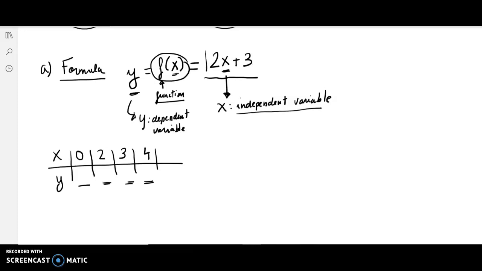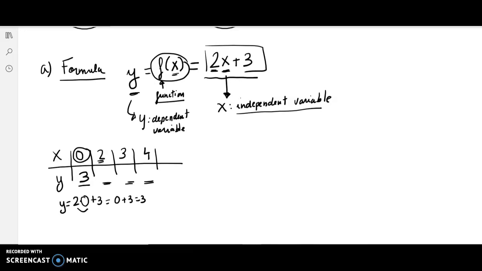Great, we go to the operation, and we have that the y is, according to the formula, 2 times the x, which is 0, plus 3. 2 times 0 is 0 plus 3 is 3. So in the gap of the y, I have to write 3.